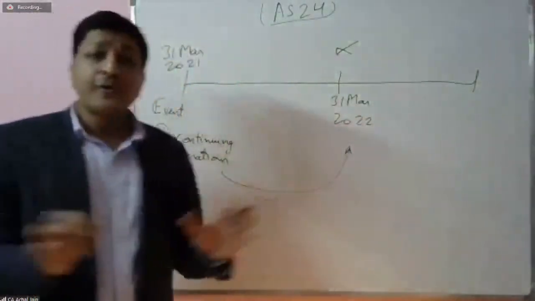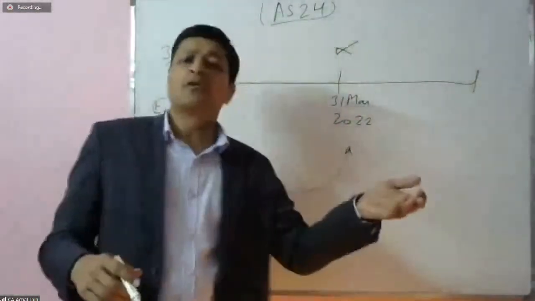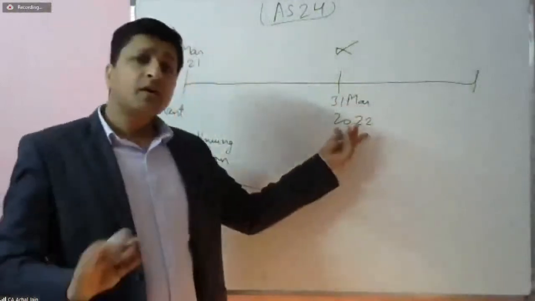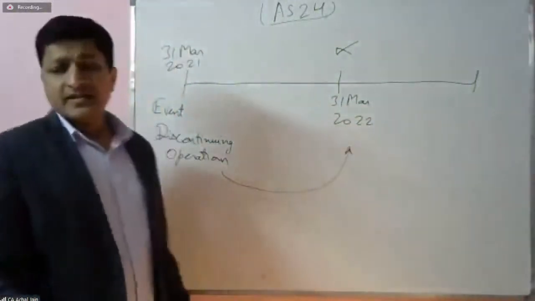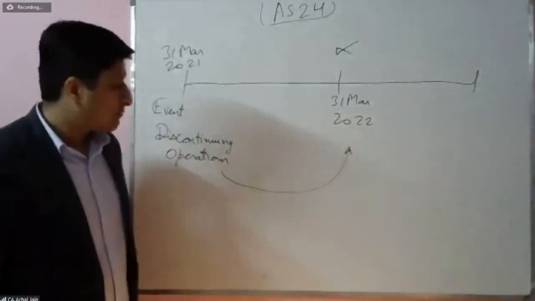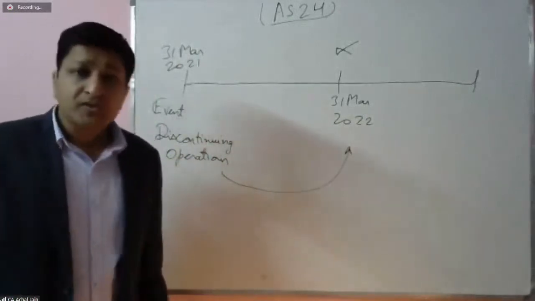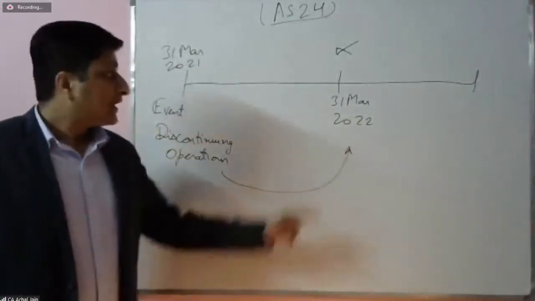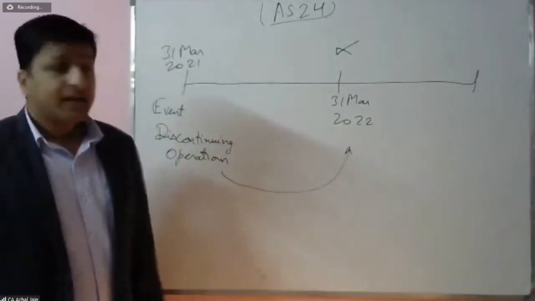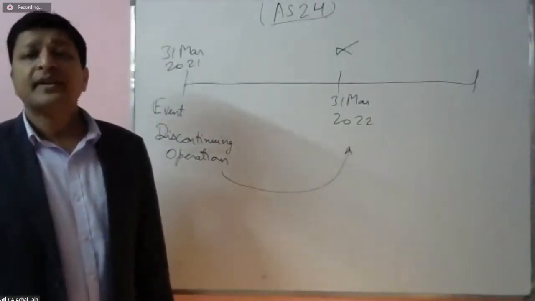Ideally, this discontinued operation should not remain. It should get sold off. So this will not be there in the next year or by the end of the next year. But at times, it is possible that it continues to be there. In such a case, what will be required to be done?